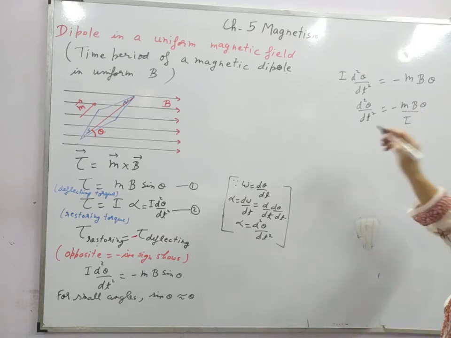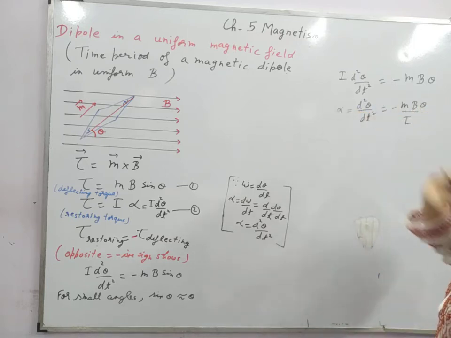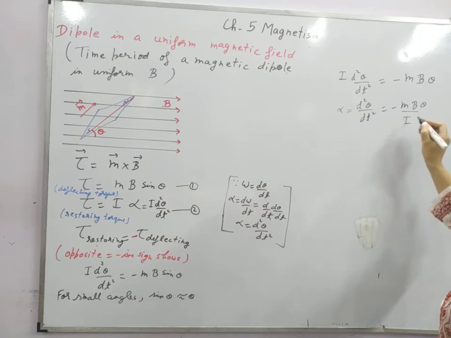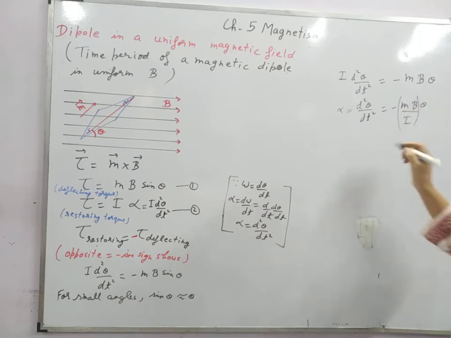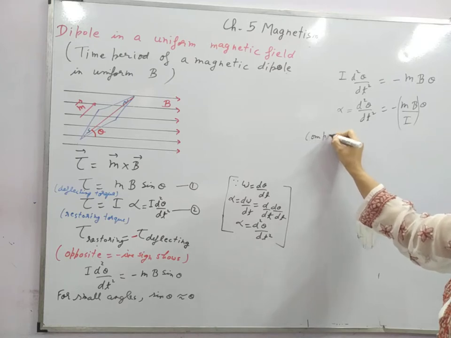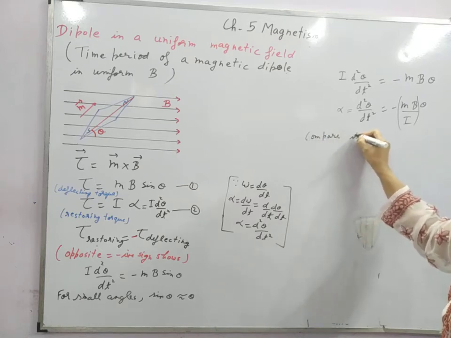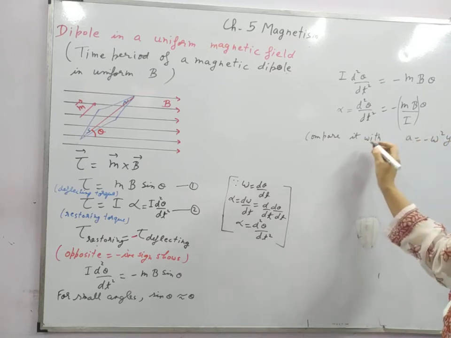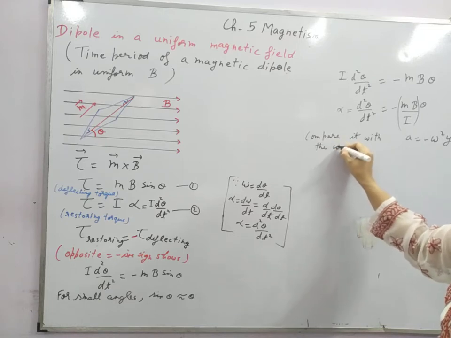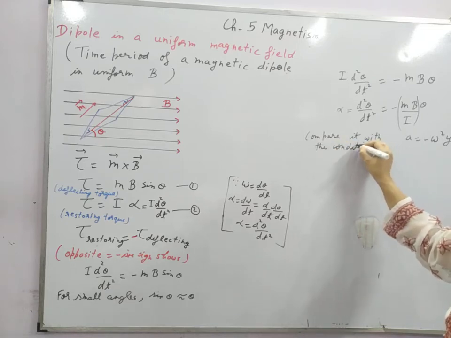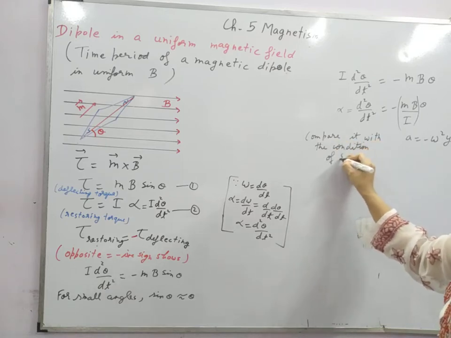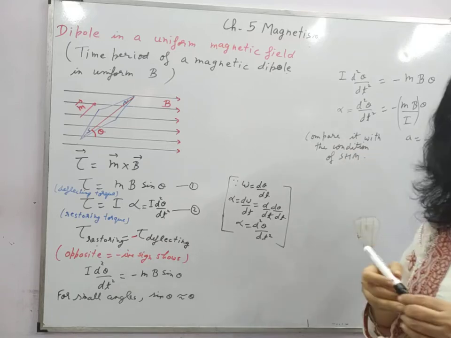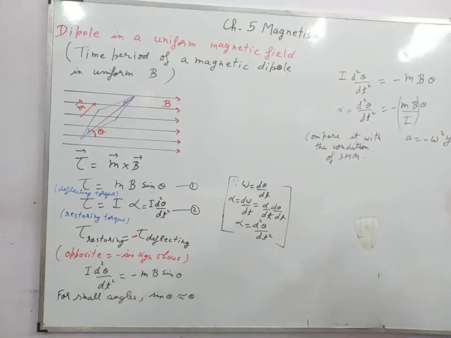Now let's compare it. This is angular acceleration actually, and I can compare it with the condition of SHM, that is a is equal to minus omega square y. This was the condition for SHM. So from here you can compare it, right?